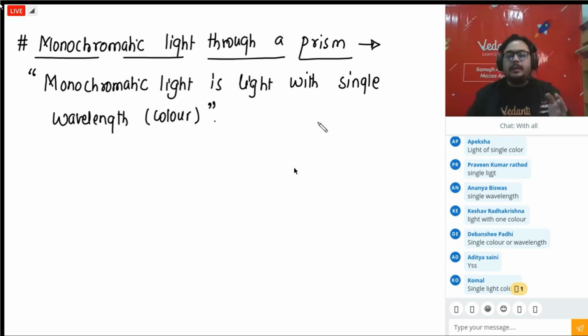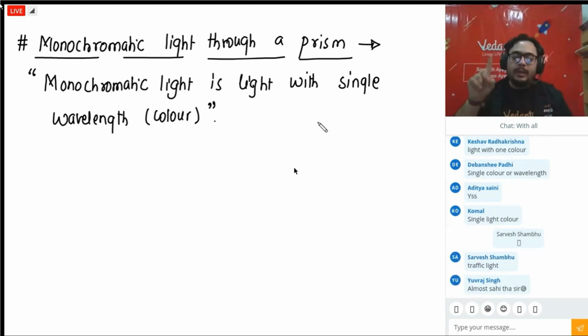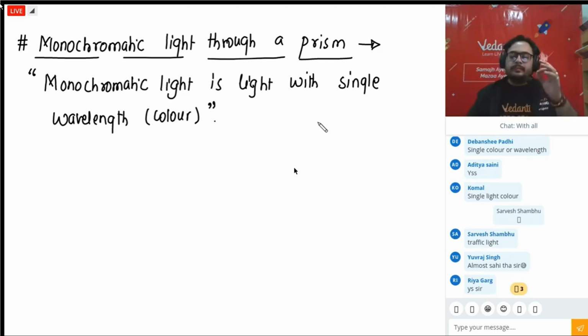In white light there are many wavelengths because there are many colors, but monochromatic light has only one color. Is that clear? So let us talk about it. What will happen to it? So suppose you have a prism.